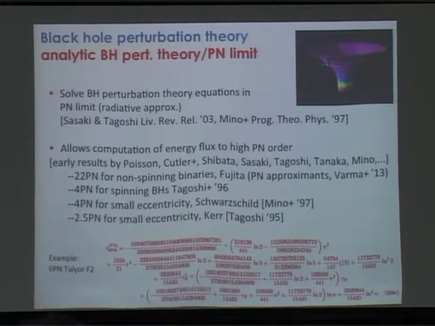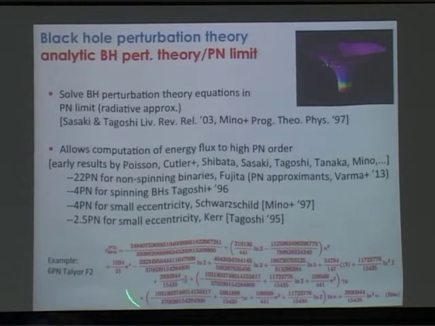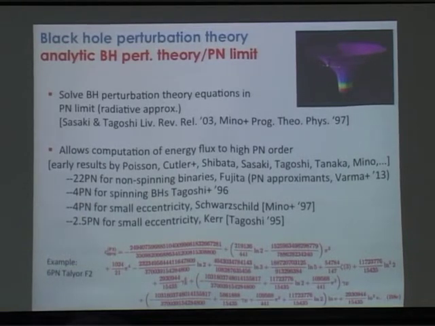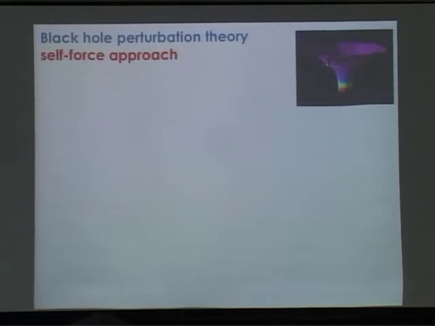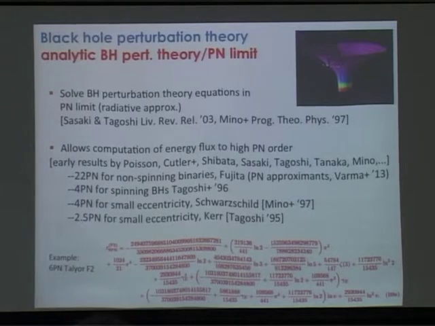You can compute that type of equation as well in this approach, and you get these very gigantic expressions. This is just the 6PN coefficient in that expansion of the phase. They become enormously larger as you go to higher and higher PN orders. They don't even print the 22PN terms in the papers because it would take the whole journal.